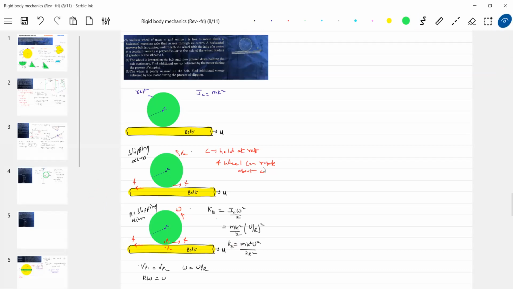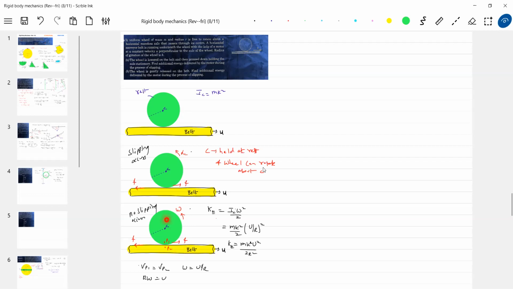Let's get into one thing. The kinetic energy of the wheel got increased. From where will this energy come? And the velocity of the belt should be maintained constant. So therefore the motor should do work. How much work should it do? Twice of this one. So what is the work done by the motor? The work done by the motor should be equal to the increase in kinetic energy of the wheel and also to maintain the velocity of the belt.